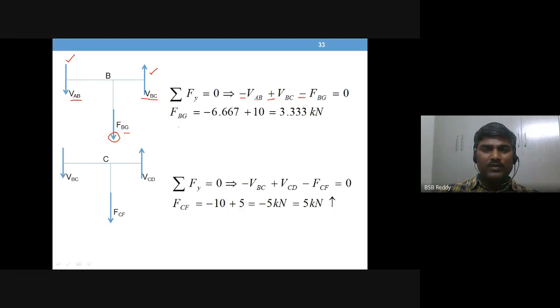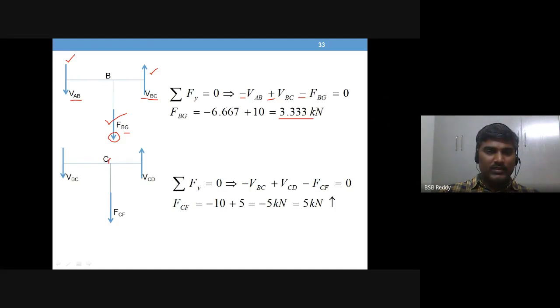We want this value, and it is positive, which means this direction is correct. So whatever it is, if you get a positive value, your assumed direction is correct. If you get a negative value, your assumed direction is wrong, and you have to reverse that.